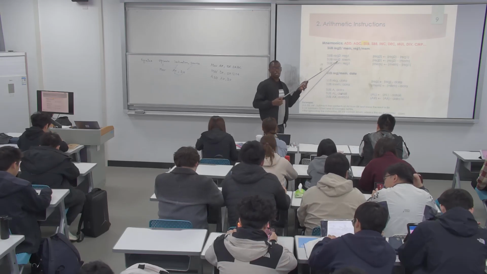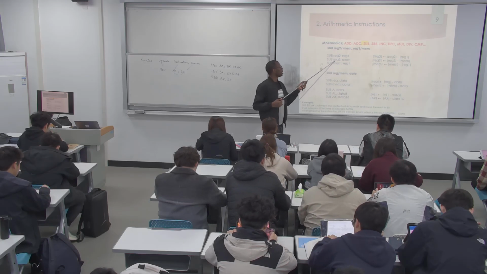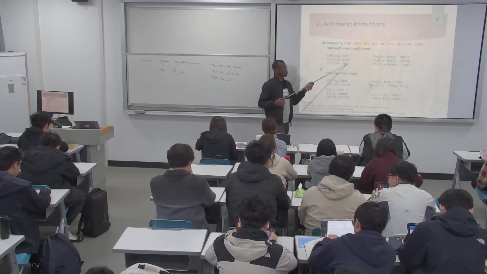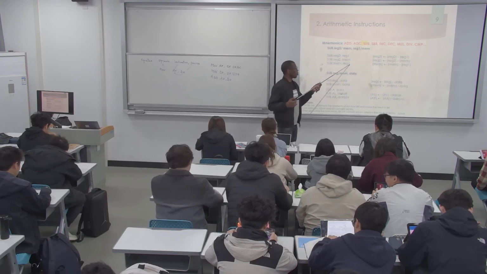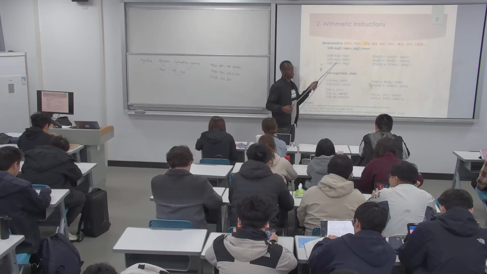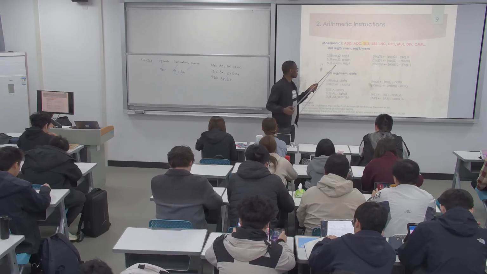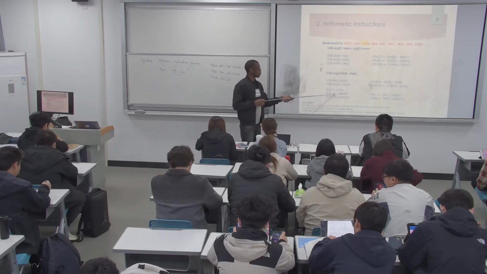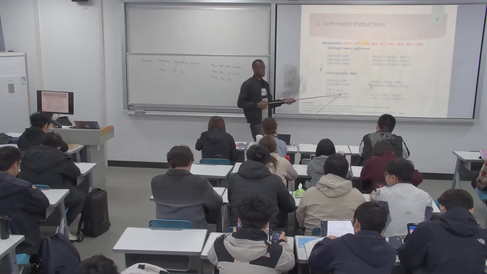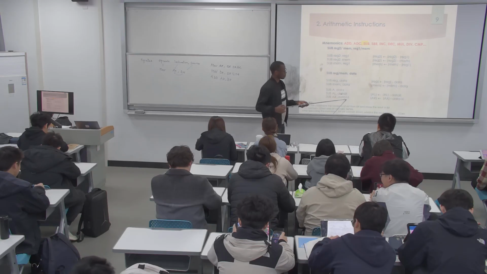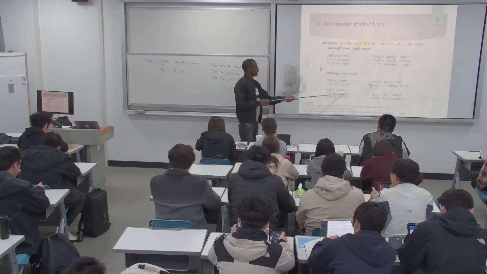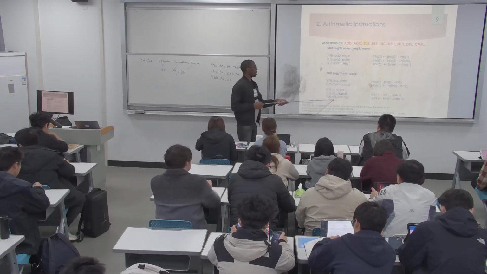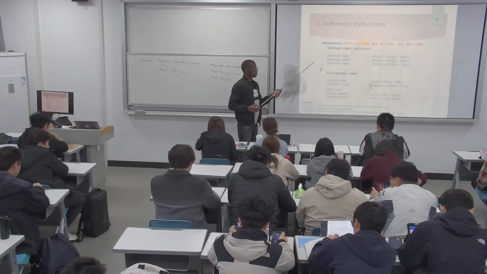Or we can subtract the content from a specific memory location from the content in register 1, then the result of the subtraction will be here. Or we can also specifically use a specific data like an 8-bit data or a 16-bit data. So there we have the same syntax as for the addition.